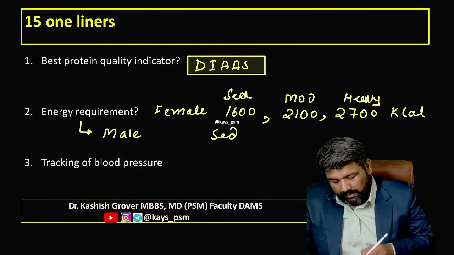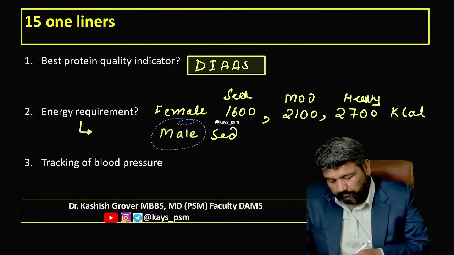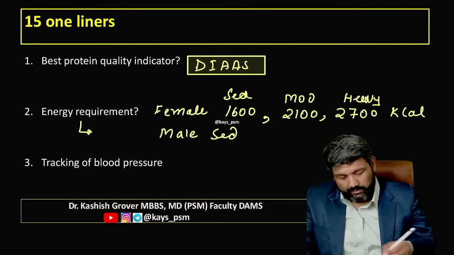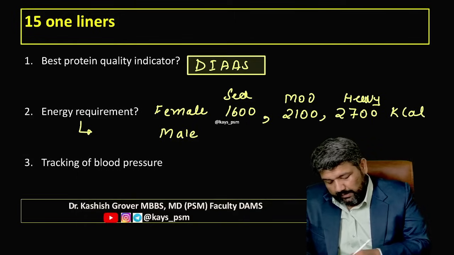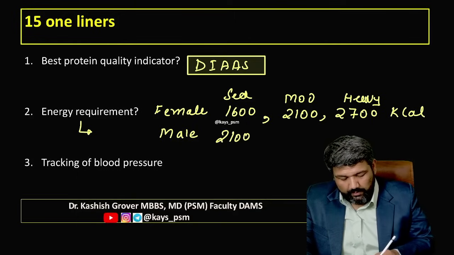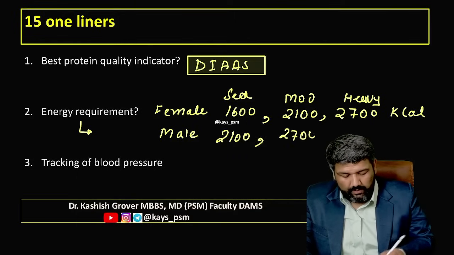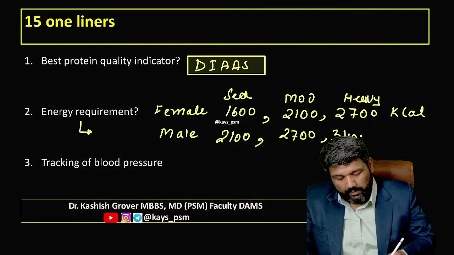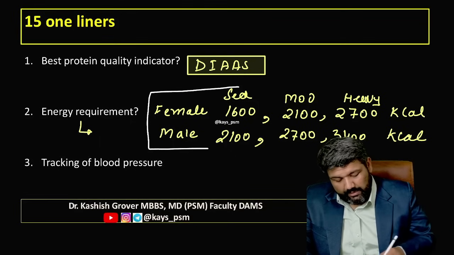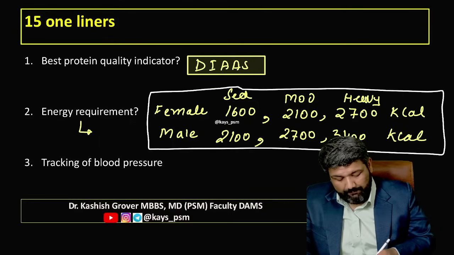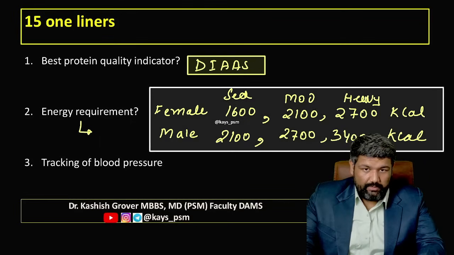Sedentary male requires 2100, 2700 by moderate, and 3400 kilocalorie. So this is the energy required by different types of workers in both the genders.